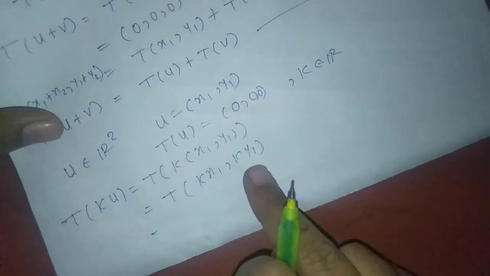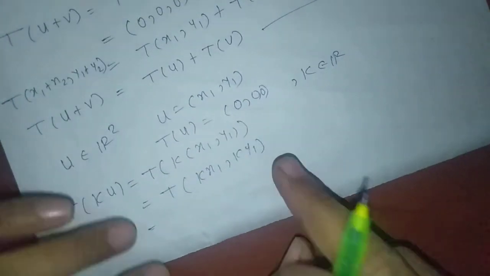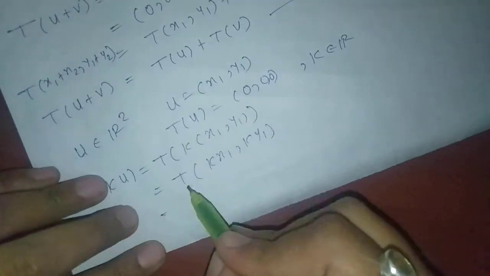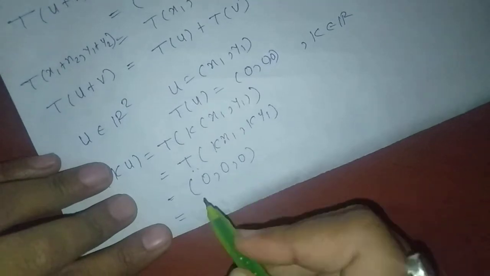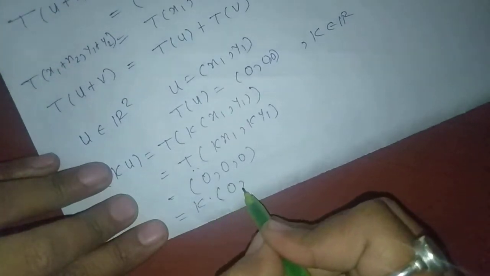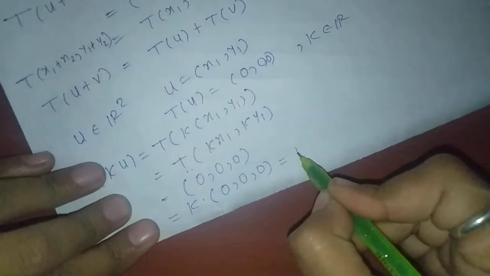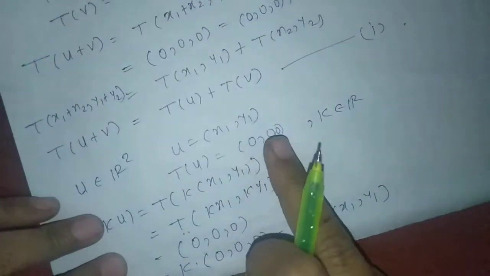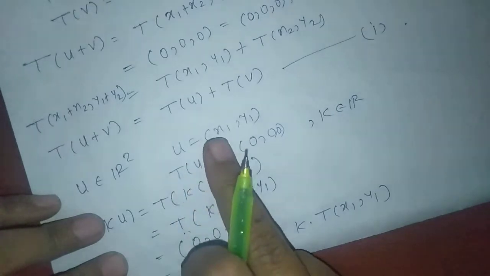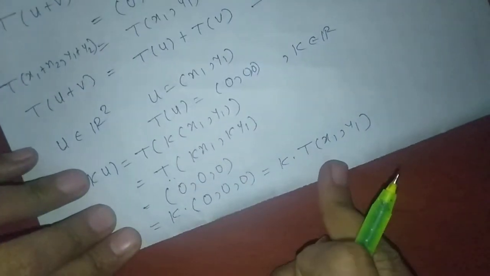So by definition of T, this equal to 0, 0, 0, and 0, 0, 0 can be written in the form of k into 0, 0, 0, means k into T of x1 y1, because 0, 0, 0 equal to T of u, where u equal to x1 y1.